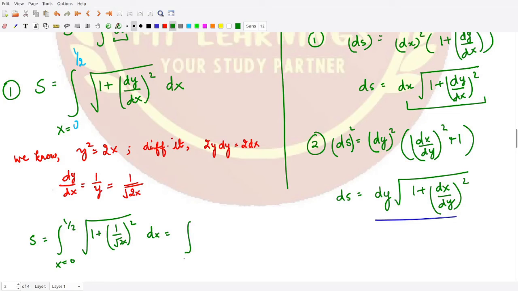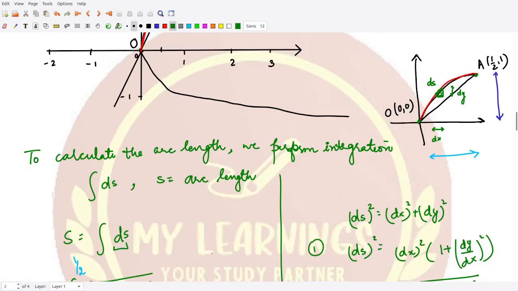We just have to simplify this one. So it is the square root of (2x plus 1) divided by 2x, dx.